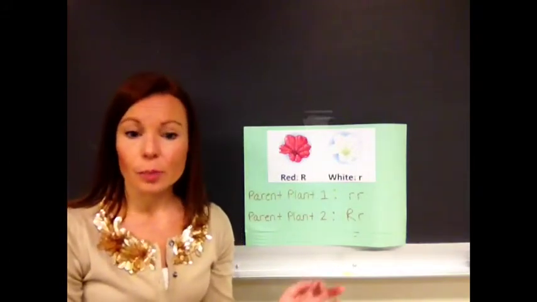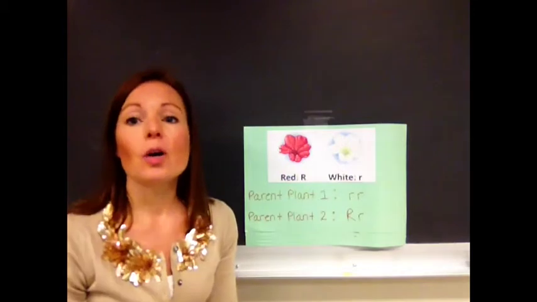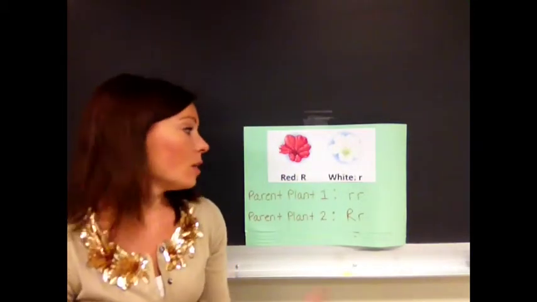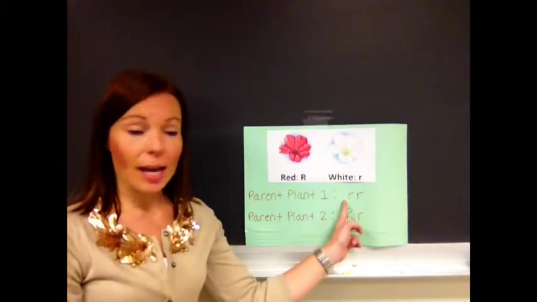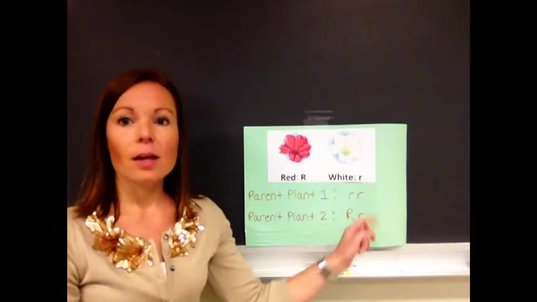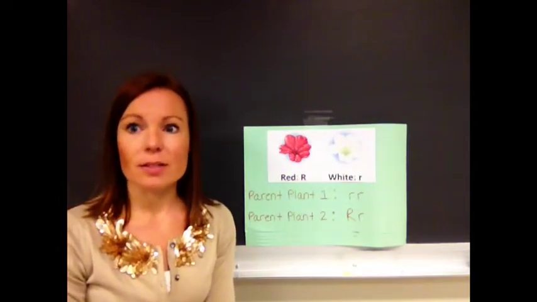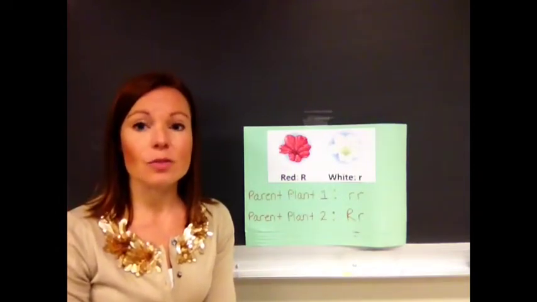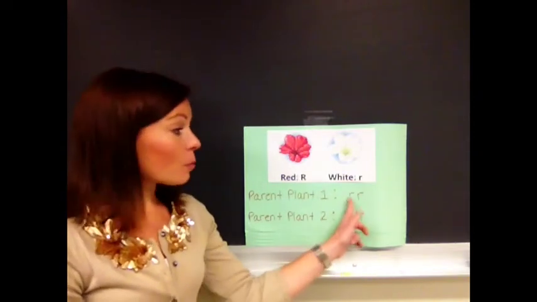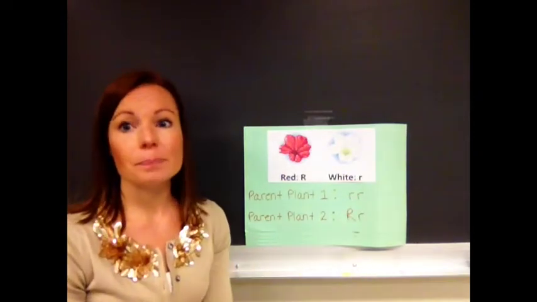For this particular Punnett square problem, we have one plant that is homozygous recessive. So that means their genotype will be lowercase r, lowercase r. The lowercase letter represents the recessive allele, and in this case, the recessive allele codes for white flowers. So the parent plant has white flowers.